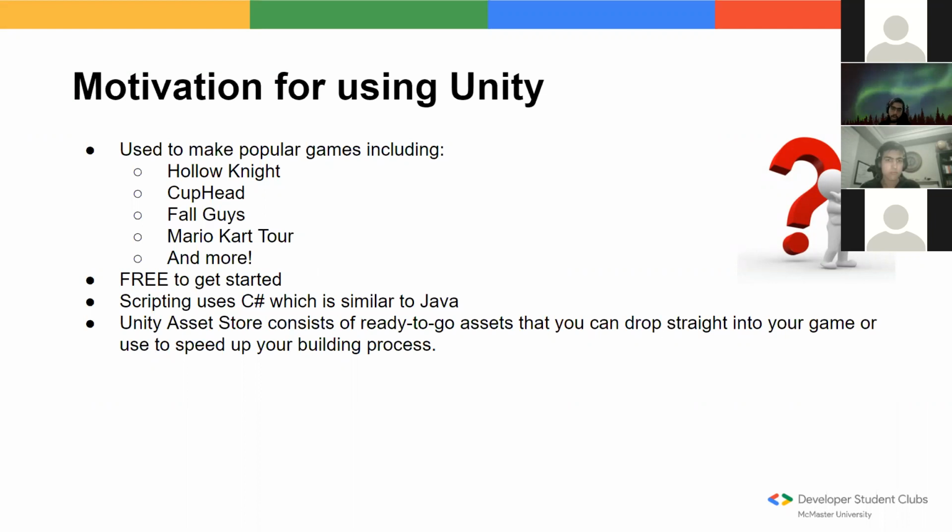Another reason is that it is completely free to learn and work with, and only in some commercial use cases you get charged by Unity for using their tools, which I'm assuming most of you wouldn't fall under, at least initially. It also uses a pretty popular language called C#, which is syntactically and structurally very similar to Java, if any of you have experience with that.